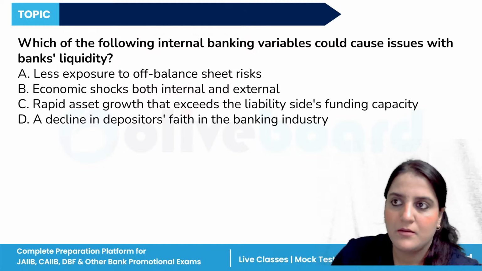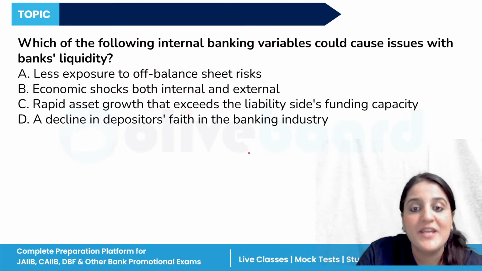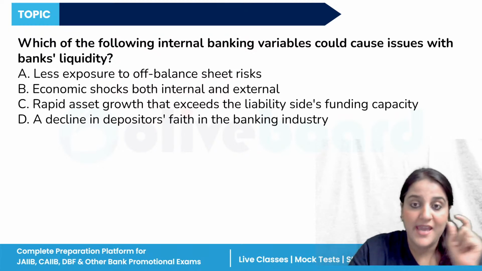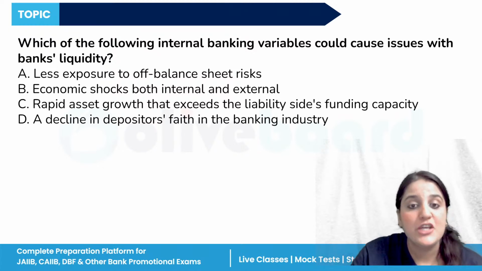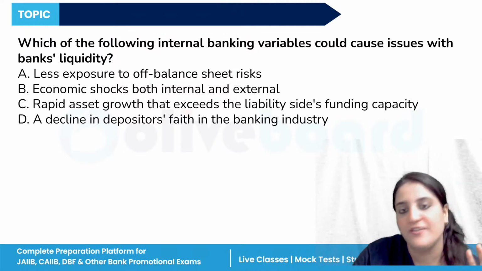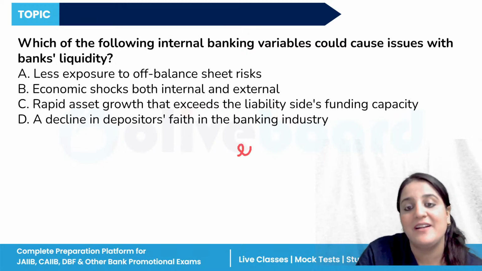Yeah, we can say here rapidly growing assets. Rapidly growing assets without adequate funding on the liability side can result in a negative gap, which puts the bank's liquidity at risk.